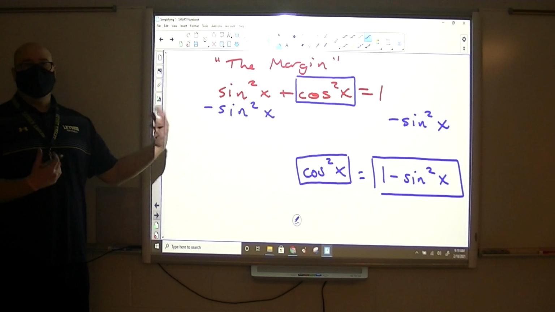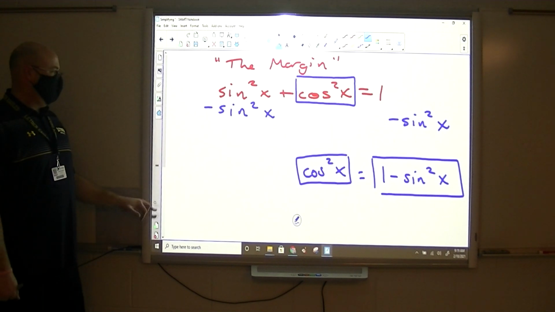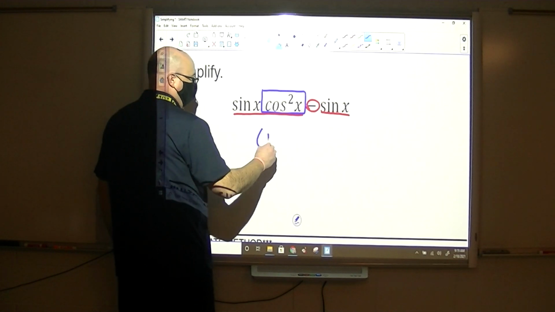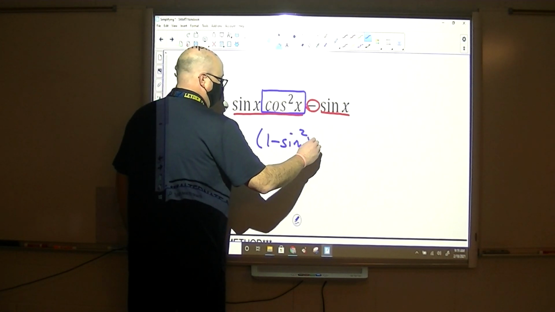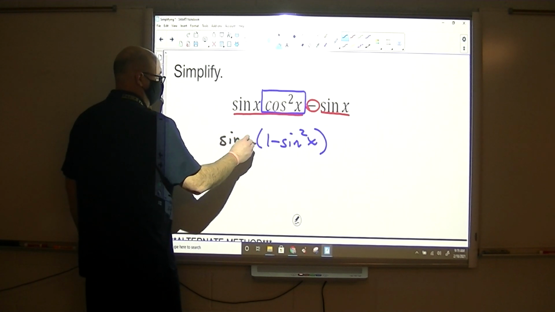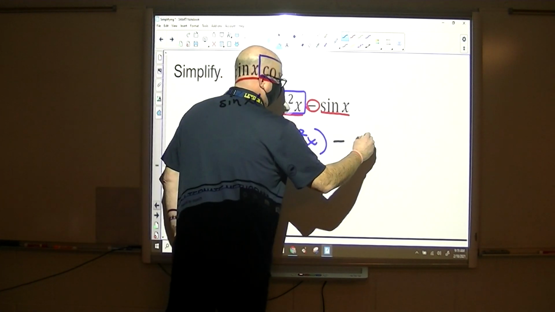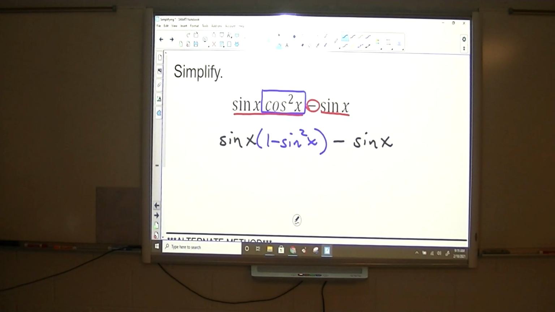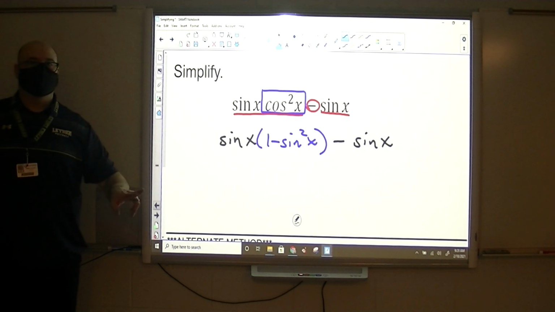So now we jump back out of the margin. We come back over here and we say, okay, now instead of that, I'm going to write that. The rest of this has to still be here. Okay? So there's the manipulation and the substitution all in one step.